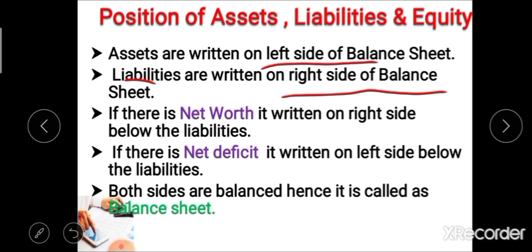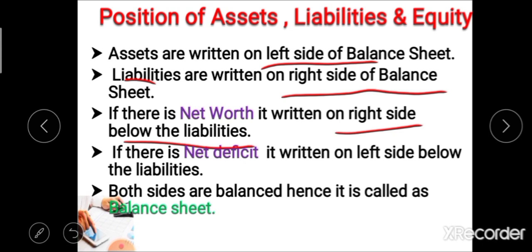If there is net worth, when assets are more than liability, it is written on the right side below the liabilities.